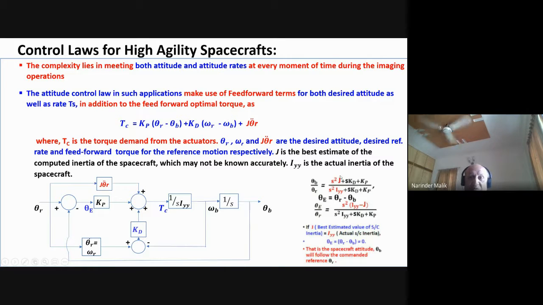So many times we make this parameter commandable from ground, because to start with we may not have a good knowledge of Iyy. So with the best estimate we command. Then we see the performance in the spacecraft orbit. Then we can refine this number based on that observation and update it and try to control the spacecraft in a better way.